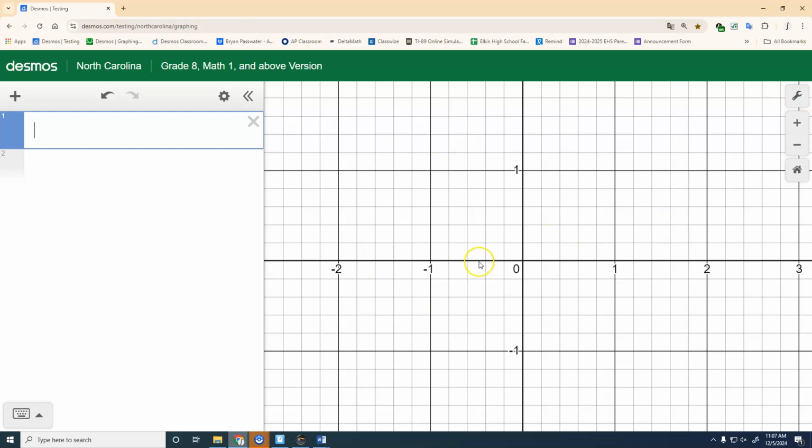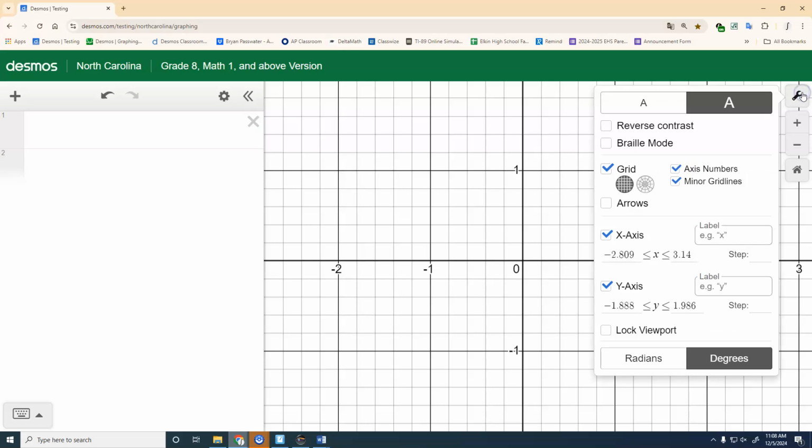To change your graph, it's really polar coordinates is what it is, but you don't learn about polar coordinates in this graph. It'll change it to where it looks like a unit circle. If you hit the wrench over here in the corner, then right here underneath grid, we have always kept it on this one right here.